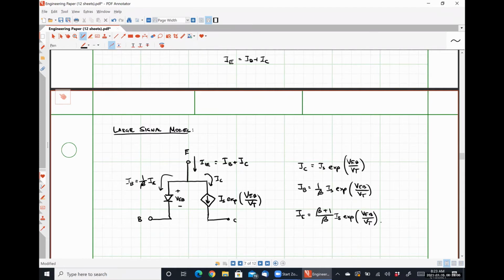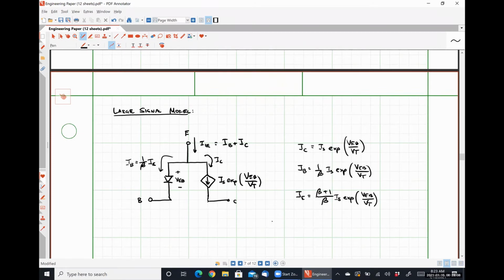So early effect, I might have to break down and buy a new Surface Pen. 1 plus VEC over VA. Gosh, that looks terrible.